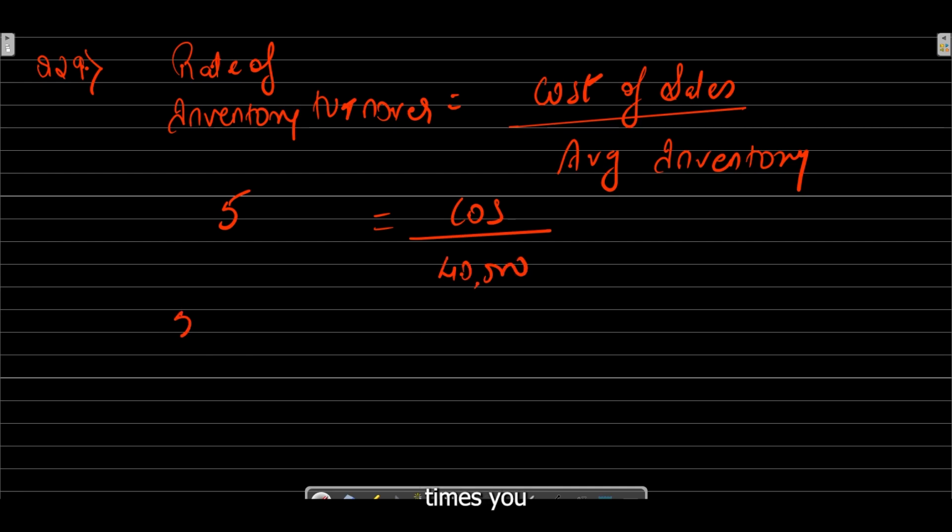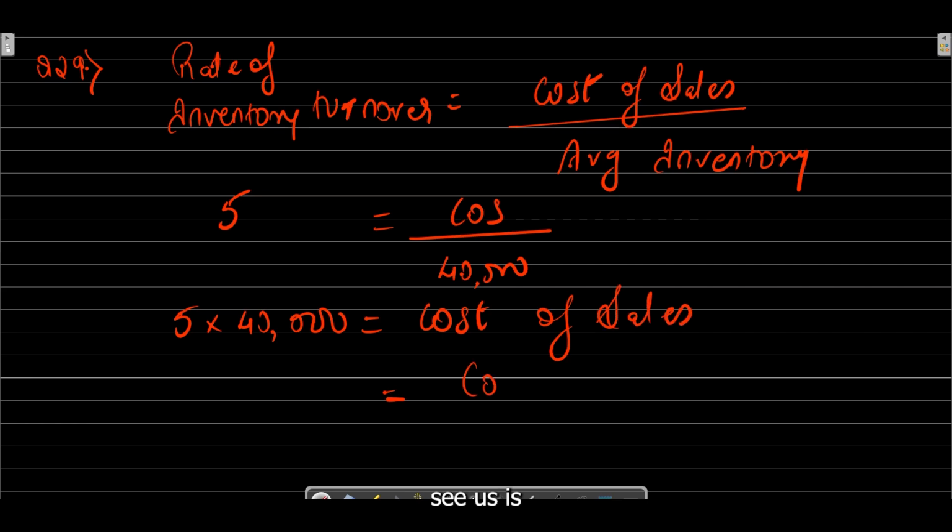So 5 times 40,000 will give me my cost of sales. COS is coming to 2 lakhs. So I got my COS.